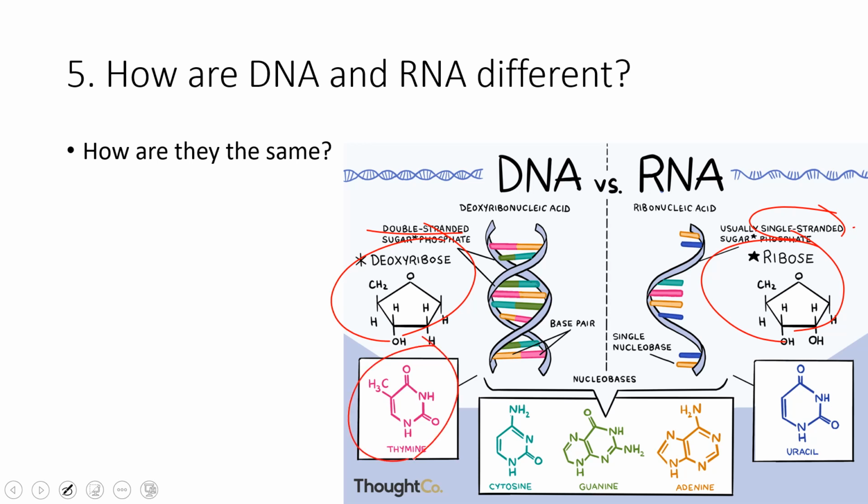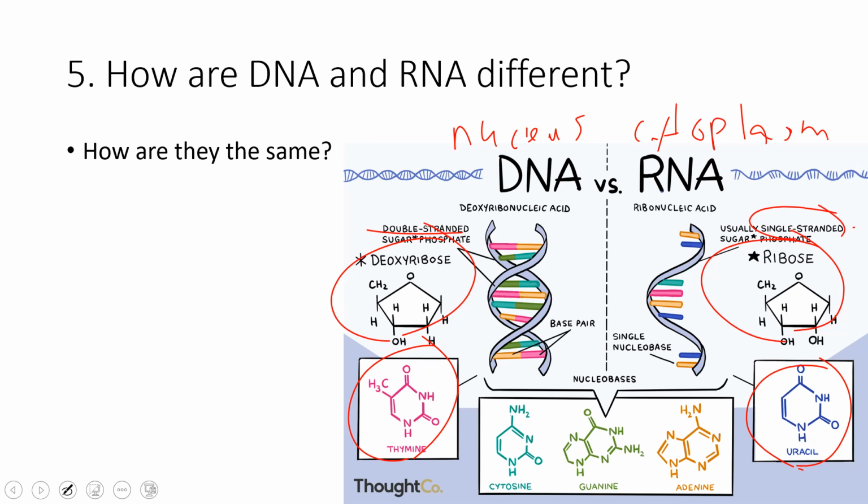DNA uses thymine versus RNA uses uracil. They both use cytosine, guanine, and adenine, though. There's also very often a locational difference in eukaryotic cells: we always keep our DNA inside the nucleus, versus RNA can leave the nucleus and float around out in the cytoplasm. You can find some in the nucleus, but it's not constrained to that place.